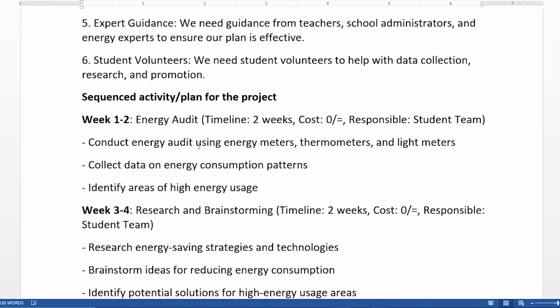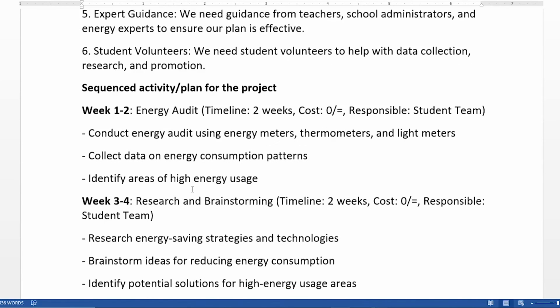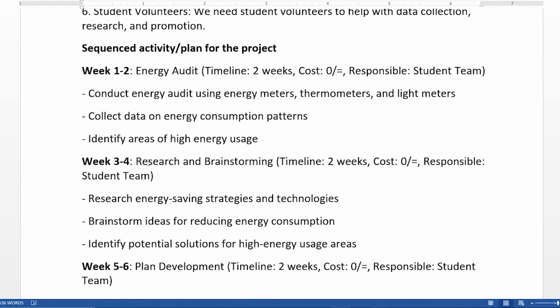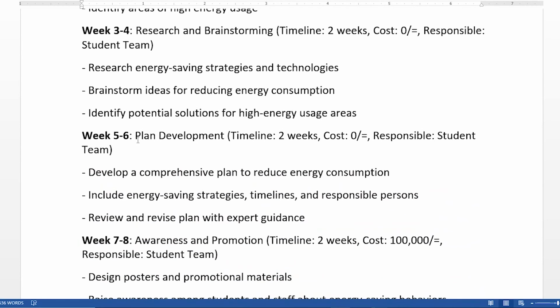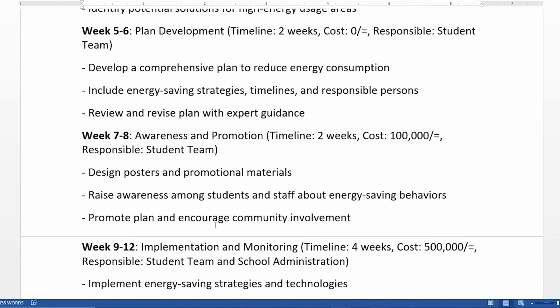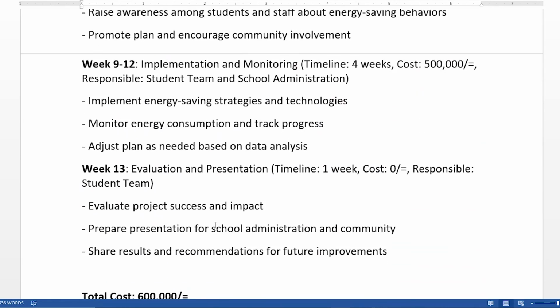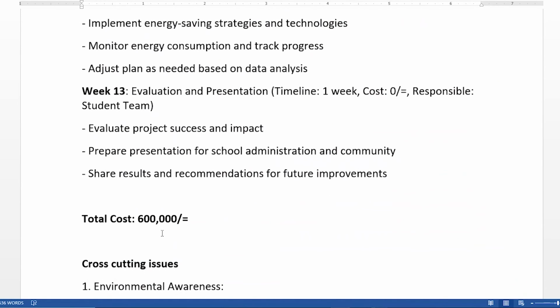They will conduct the energy audit using the energy meters and so on, and these are the activities. Week 3 to 4, research and brainstorming, and then this is what they'll be doing. And then week 4, you see the period, the activity, and then the cost and person responsible, and that is it. That one goes like that, and the total cost.